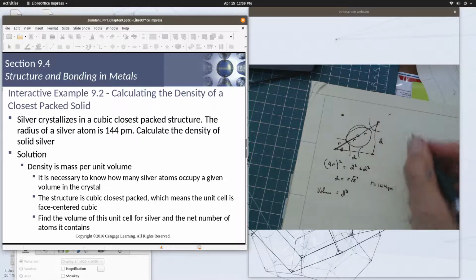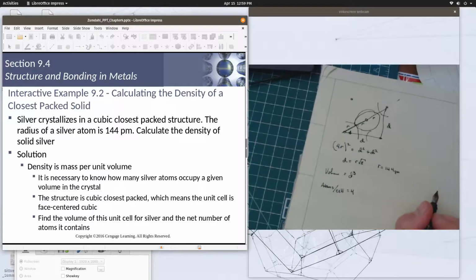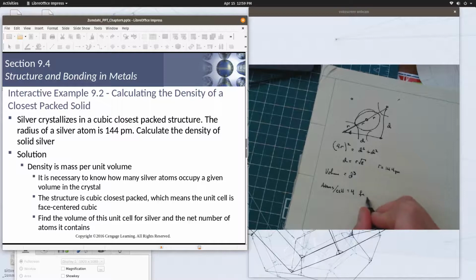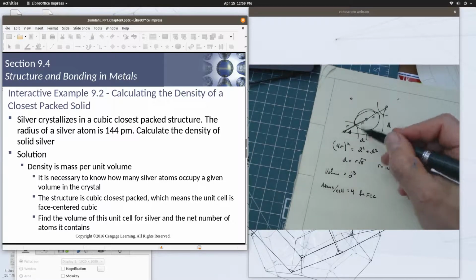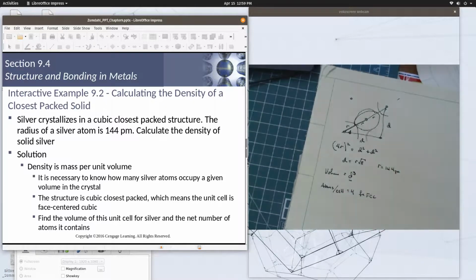And remember, if it's a face-centered cubic, how many atoms? 4, right? For face-centered cubic. All right. So if I know the mass of the silver atom, and I know the volume D cubed, I can get the density.